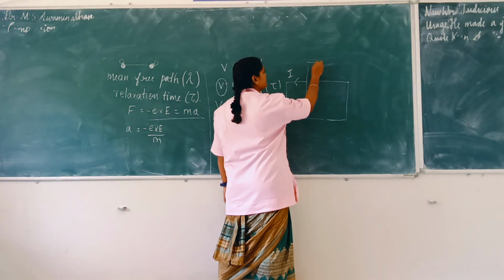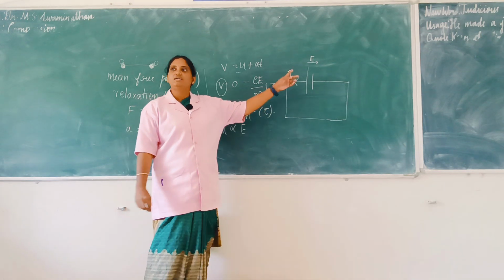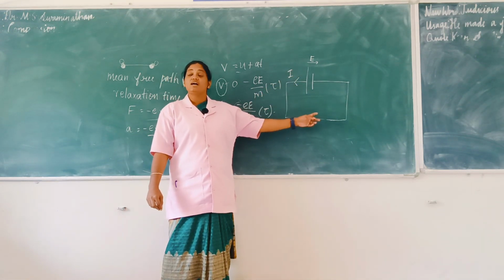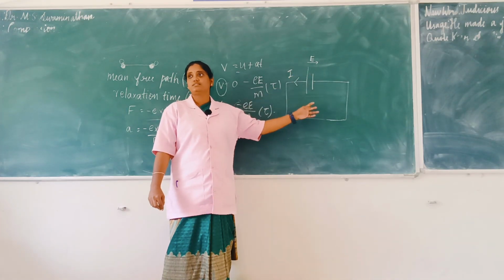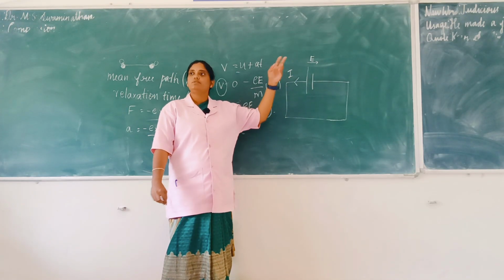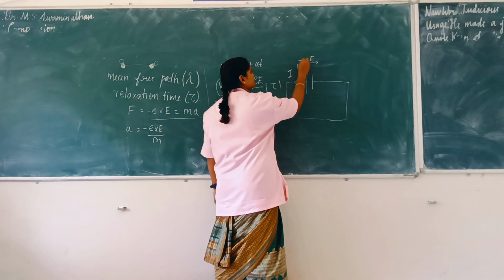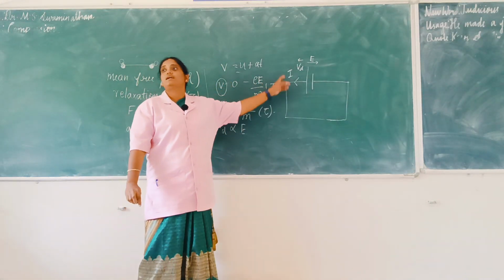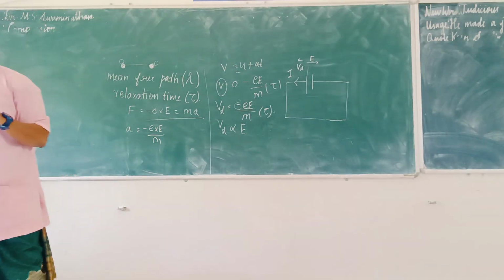So E will be in the direction of like this, isn't it? But the current is moving like this. Am I right? This is the conventional current direction. So velocity will be also opposite to that of the electric field. Vd will be like this. Based on the conventional current direction, the velocity will be opposite. Okay.